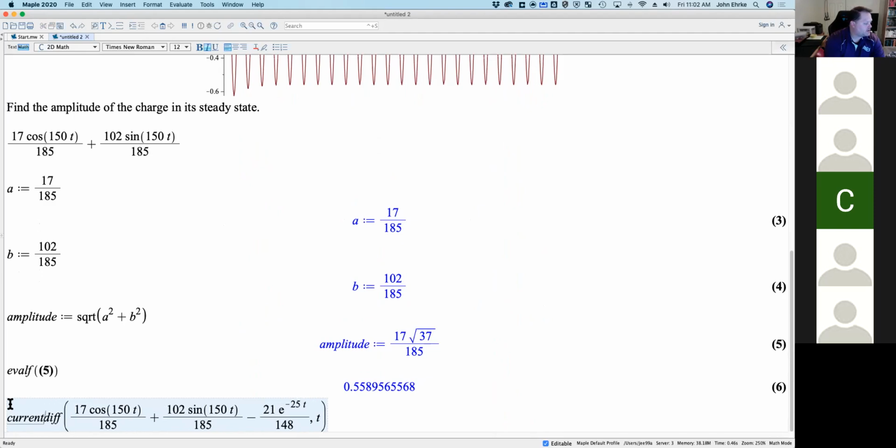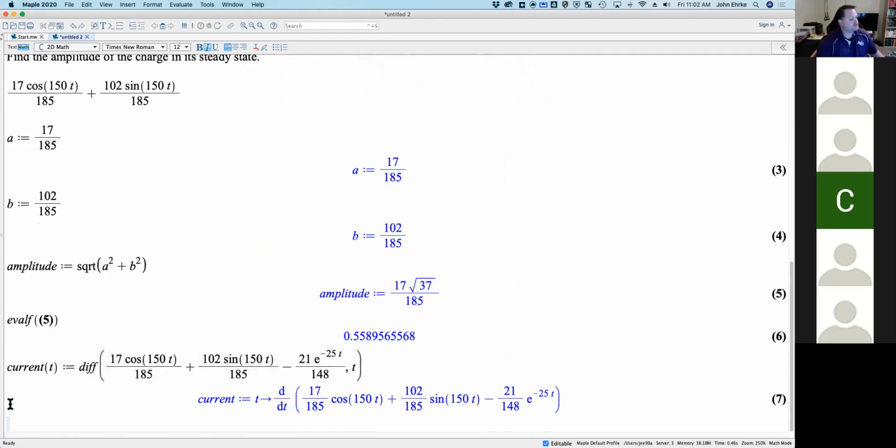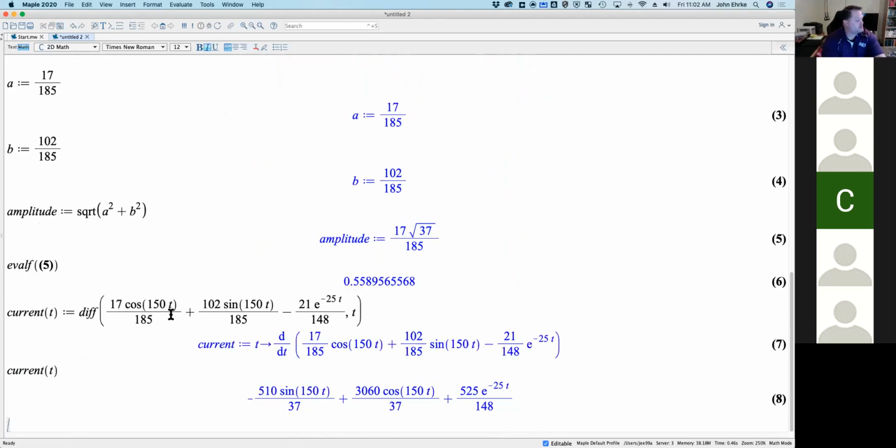So my current as a function of time is given to me by the derivative of the charge. Okay, so my current function is given by this.